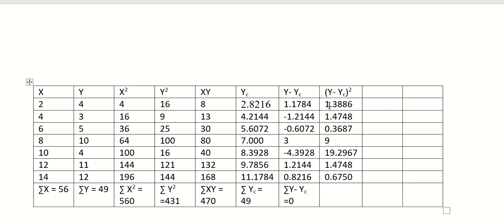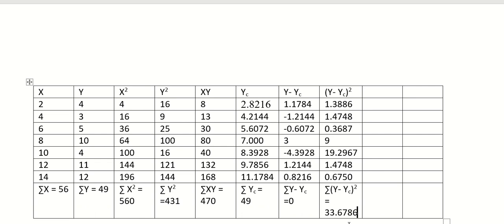So now we will just calculate summation of Y minus yc square, which is 33.6786. So this is what we have obtained.